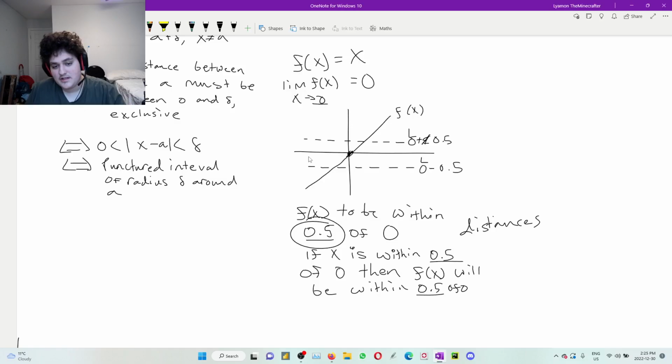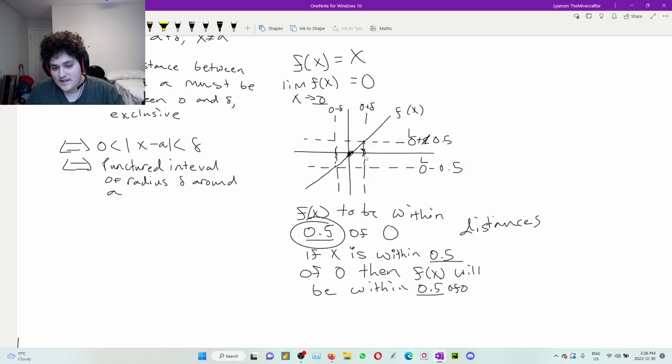And then I'm telling you, well, if you pick any point like here, if you pick any x value here in this range, so this is like 0 minus delta, 0 plus delta.